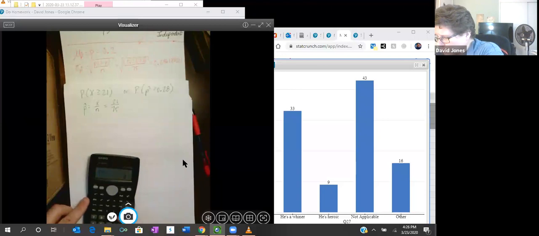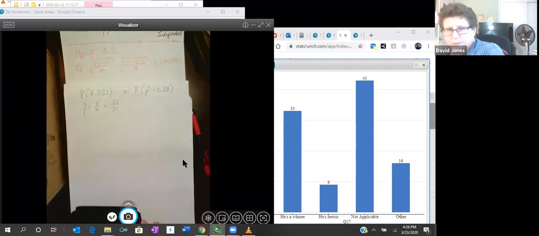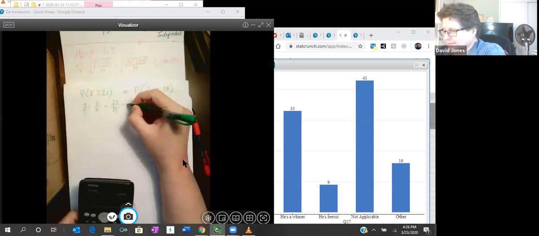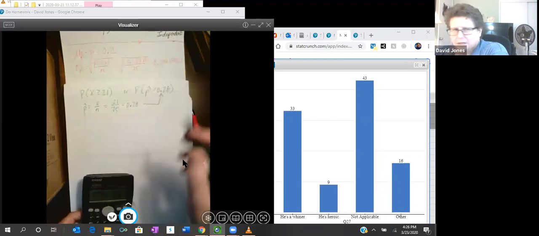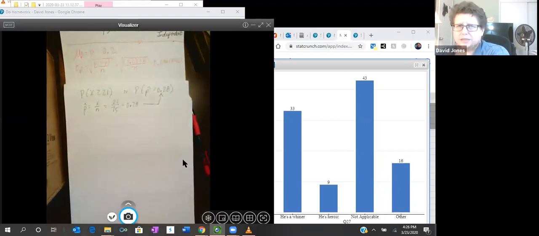If we do 21 divided by 75, we get 0.28. That's where they came up with that. A lot of times when you're working with proportions, you're going to want to take your actual frequency, the number of people that said the response, and convert it to a proportion of your sample. That way we can compare it with the other p's we're looking at.